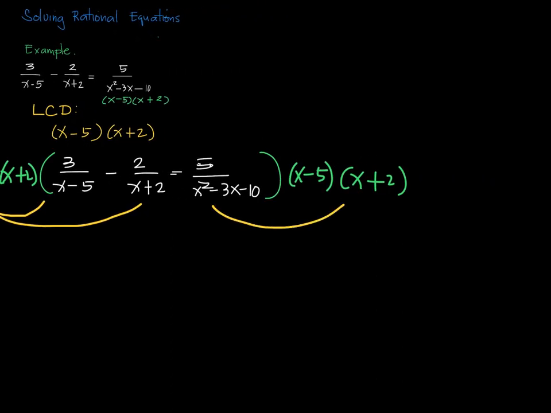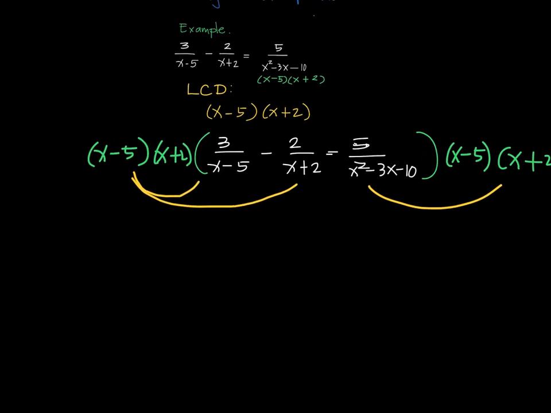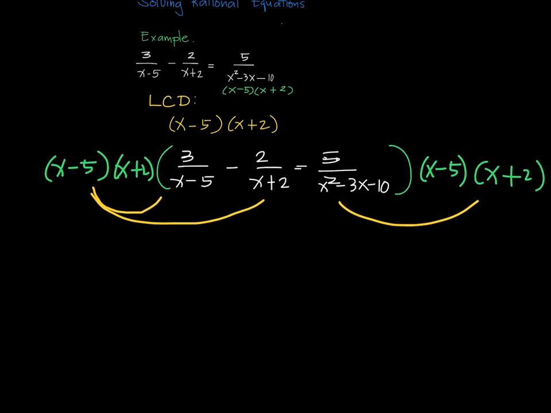in the equation. If we do that, first focus on 3 over x minus 5. When we multiply x minus 5 and x plus 2 to 3 over x minus 5, note that x minus 5 will cancel with x minus 5. That will leave you 3 times x plus 2, the new expression for the first term.